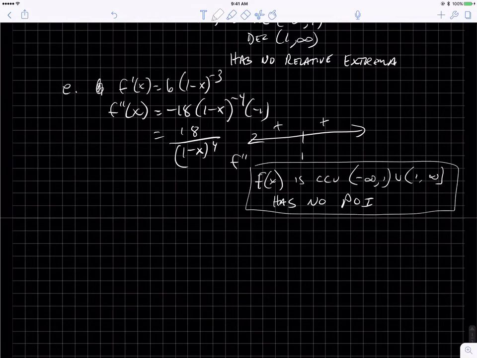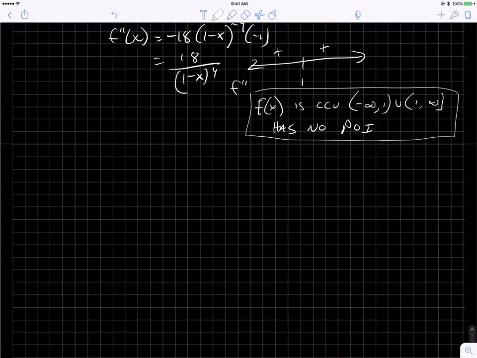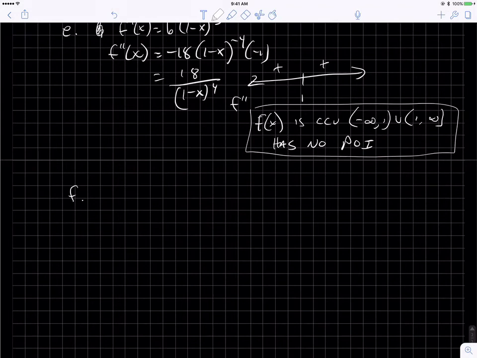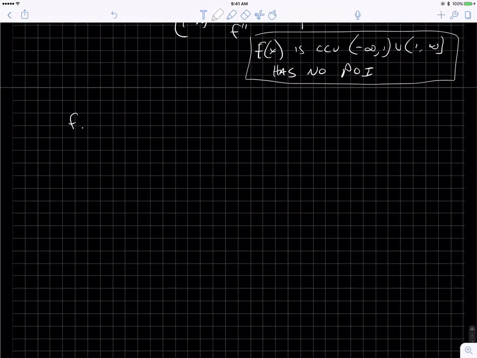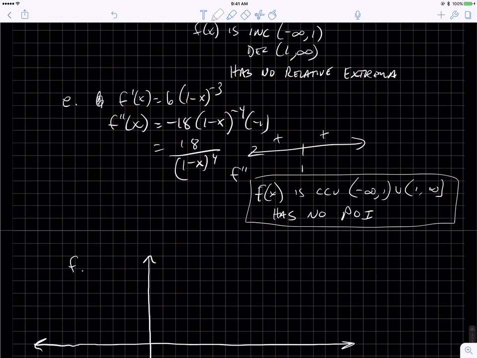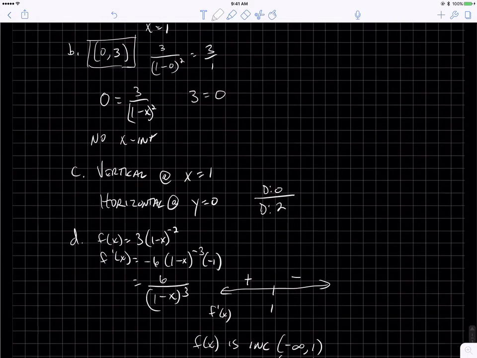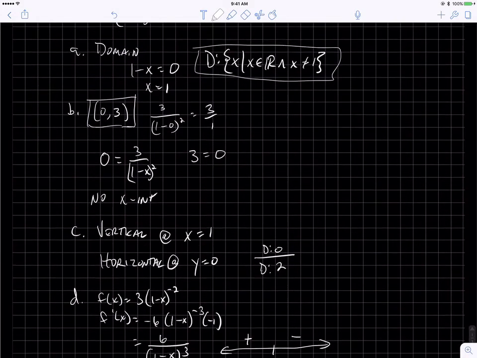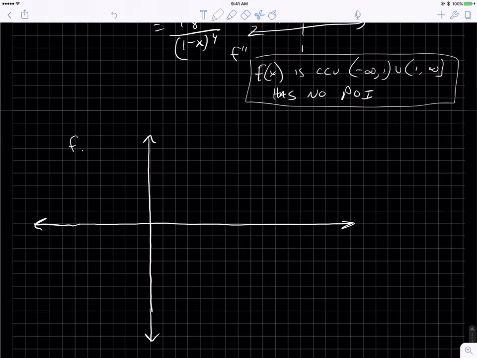All right, lastly, we want to sketch the graph. That would be part F, and I'll do additional points if needed. So what information do we have? We know there's a y-intercept at (0, 3).